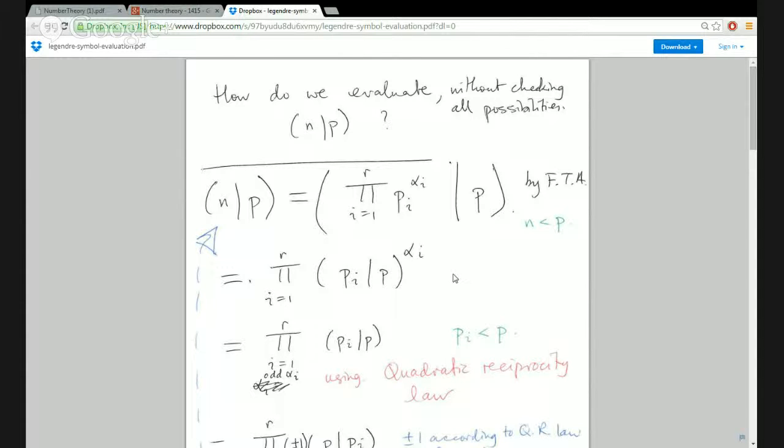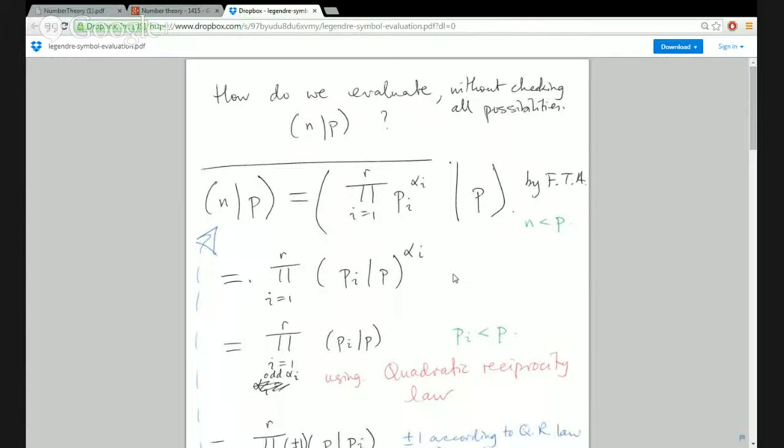You could square all the numbers modulo p and see if any of them happen to hit this n, but that's not a very nice way. It's going to be very computationally expensive when p is very large, and it's not very sophisticated. You're just going through all the possibilities and seeing if n occurs as a square or not.